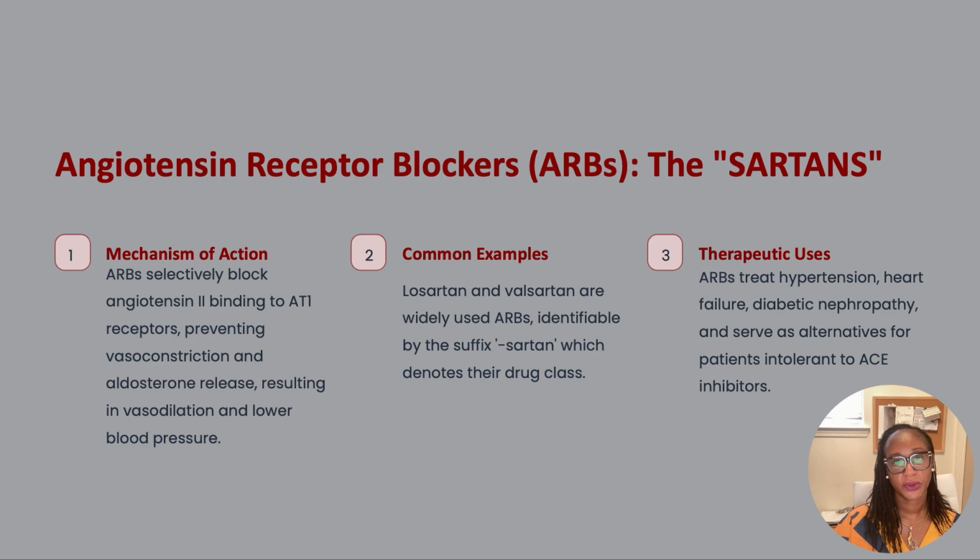Therapeutic use: treat hypertension, heart failure, and diabetic neuropathy, and serve as an alternative for patients intolerant to ACE inhibitors. As we know, ACE inhibitors can cause a dry hacking cough, indicating angioedema. So at that point in time, the provider may switch the client to one of the sartans.